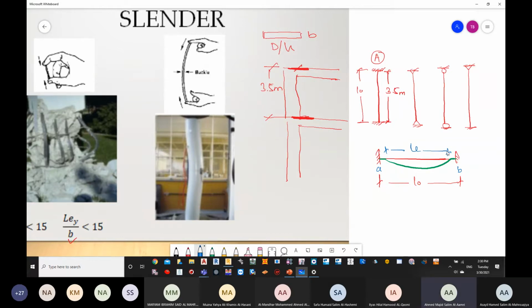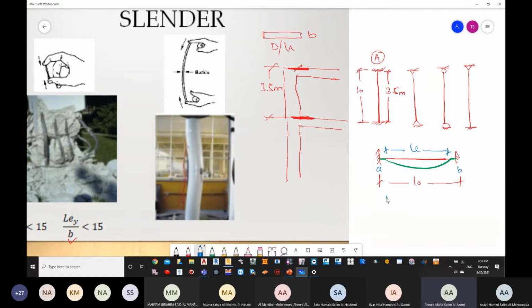So the effective length is the distance from the starting point of failure to the other end point of failure on the other side. This is what we call effective length, and it varies from one column to another depending on the supports.